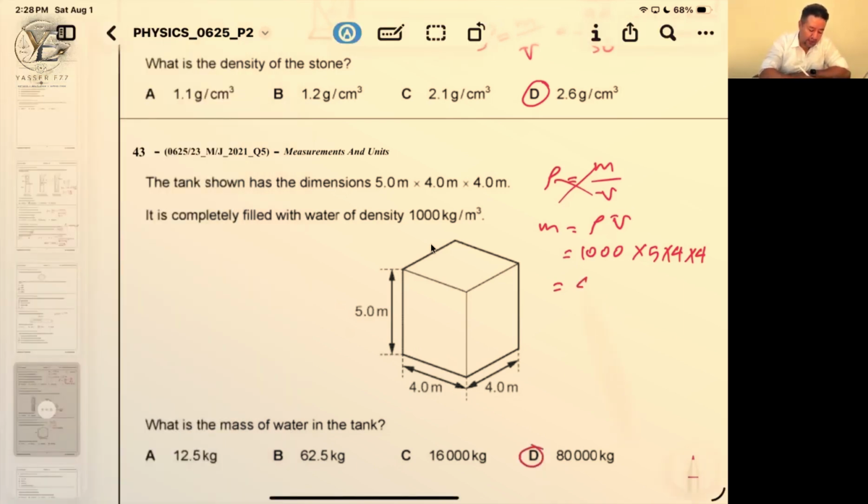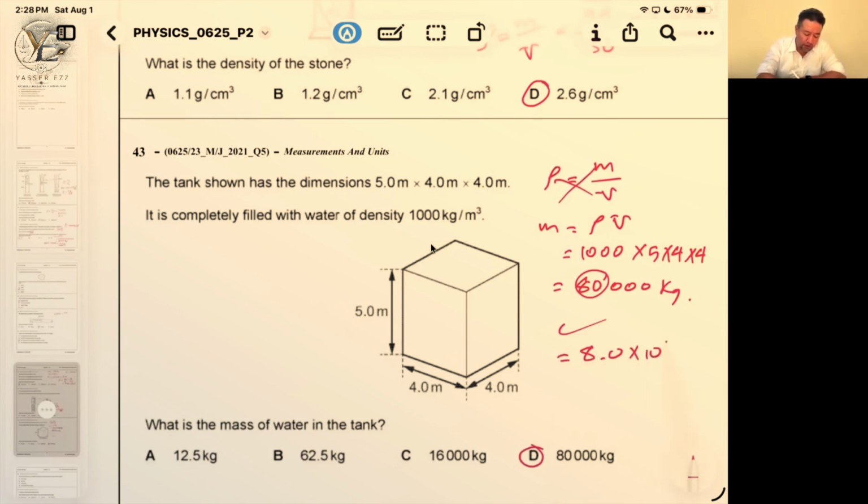So 80,000 kilogram is accepted and it is considered as 2 significant figures. The 80 here can be considered as significant, or I can write it in scientific notation, 8.0 times 10 to the power of 4. The power of 10 is not counted as a significant figure, so 8.0 is counted as 2 significant figures.